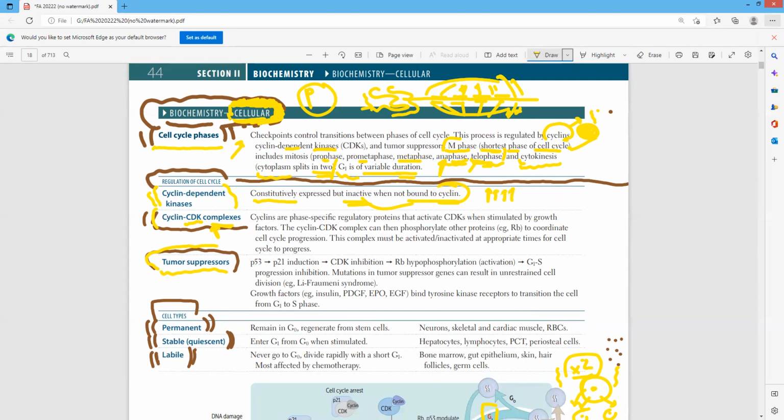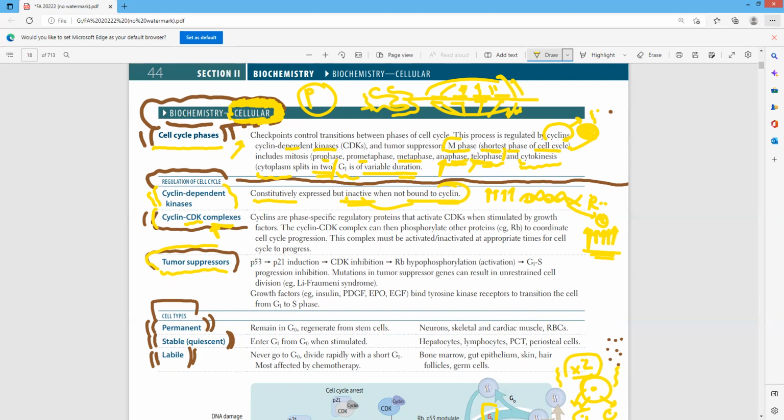Remember, you have that gene, and you induce or express the protein. Remember that they are kinases, they are enzymes, so they are proteins. They are increasing in their number constitutively, but remember they are inactive.